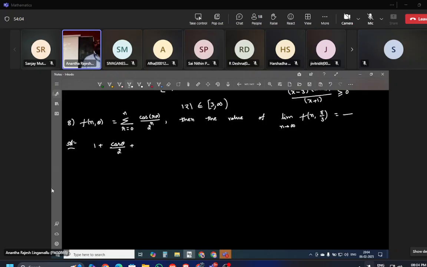Next, put r equal to 2: cos 2 theta by 2 square. Next, cos 3 theta by 2 cube plus cos 4 theta by 2 power 4 and so on, up to cos n theta by 2 power n. This sum I have to find. How to find this sum?